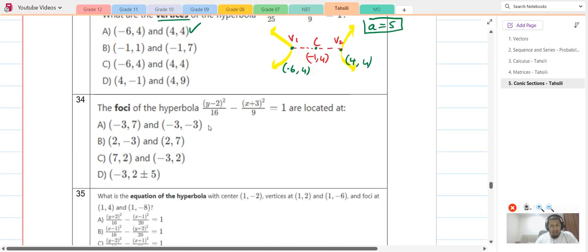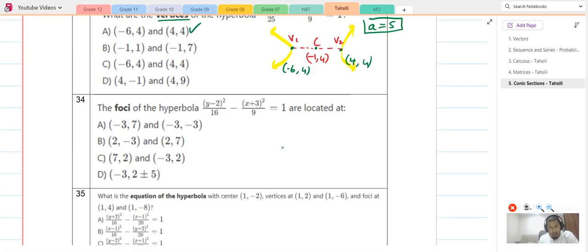Now the foci of the hyperbola. The transverse axis is vertical, so it's a vertical hyperbola. The foci are on the inside, so that's f1 and that's f2.